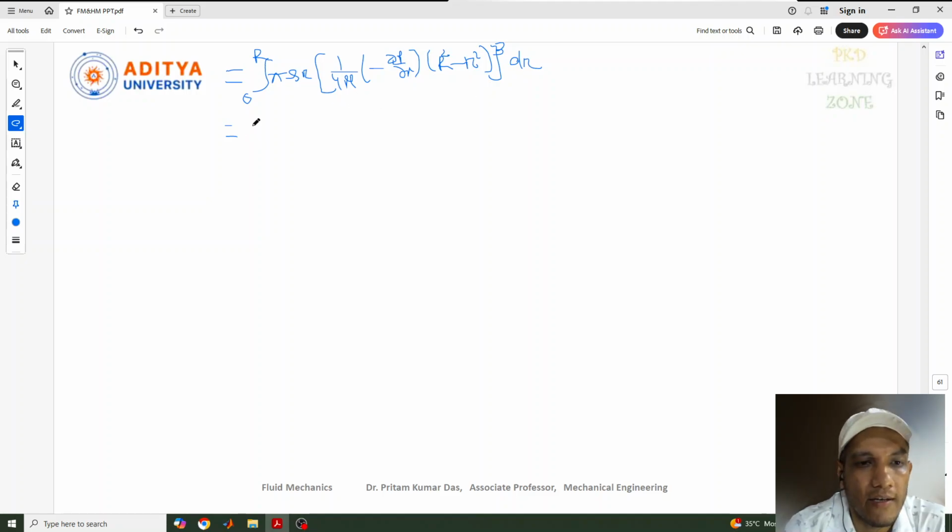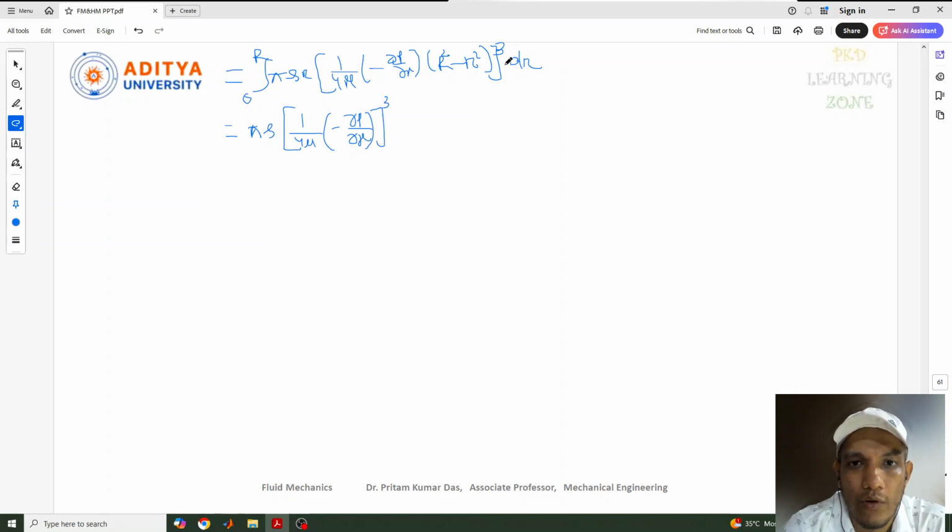So pi rho, as usual, becomes outside, and we can write 1 by 4 mu. 1 by 4 mu also we can take out, but it is cubed, so let the cube part be solved later. So first let us take out 1 by 4 mu, and this is minus del p by del x, bracket close.